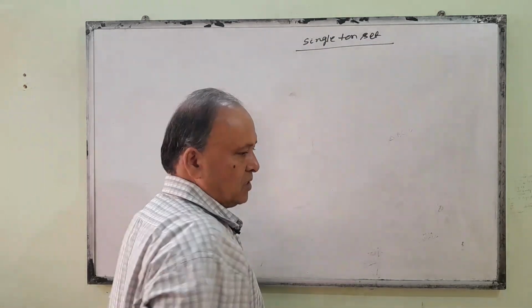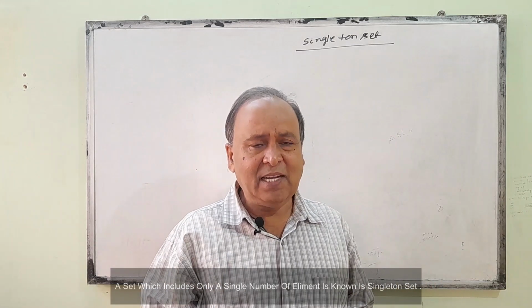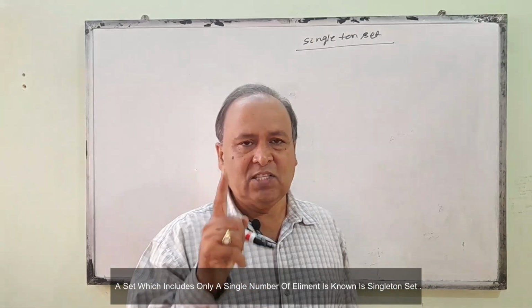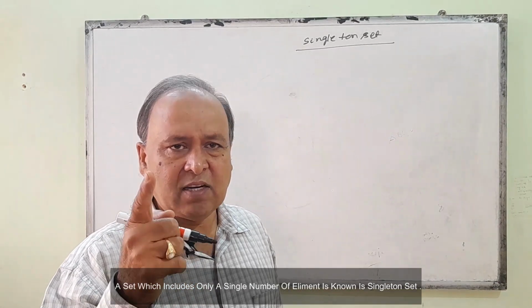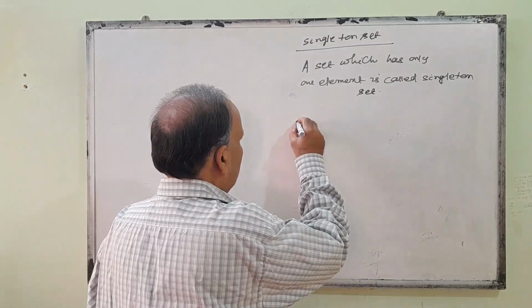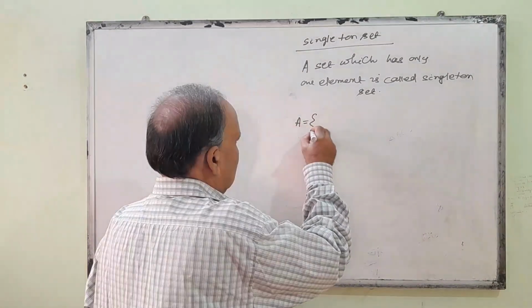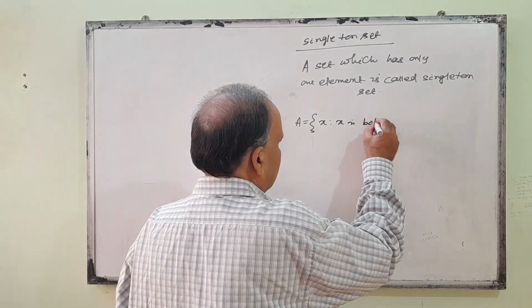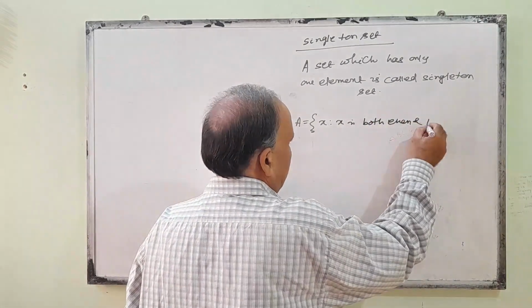Singleton set. A set which has only one element is called a singleton set. What is its example? Suppose A is the set of x such that x is both even and prime.